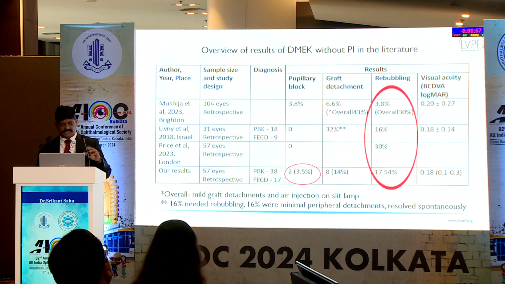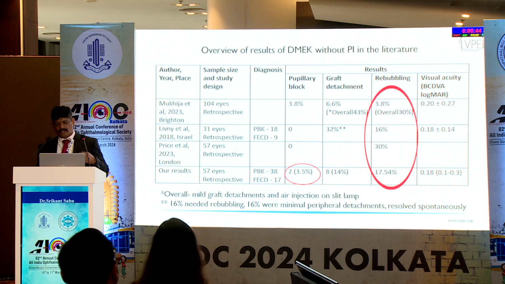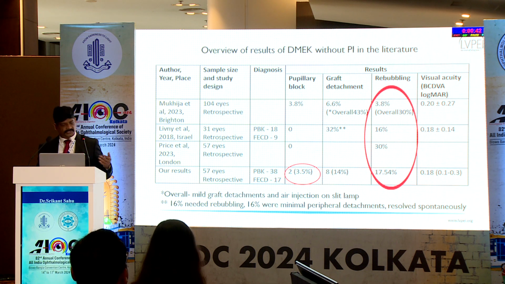If you compare all the studies historically, of late in 2023 only two publications have come in. Our study was equally good in terms of pupillary block, and the rebubbling rate was only 17%, actually better than many of the studies. The graft detachment was also much better than many other studies.